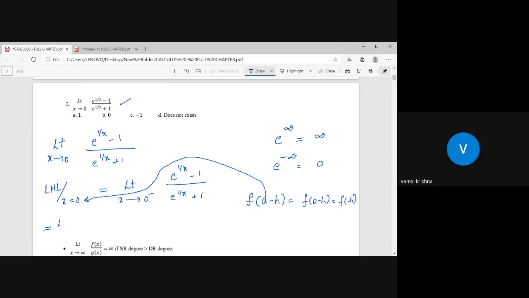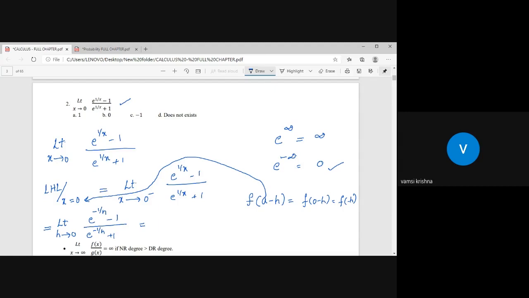So limit x tends to 0 minus becomes h tends to 0, e power minus 1 by h minus 1 by e power minus 1 by h plus 1. So let us take e power minus 1 by h. In place of h, if I substitute 0 now, e power minus infinity, this is also e power minus infinity. You know very well e power minus infinity means 0.